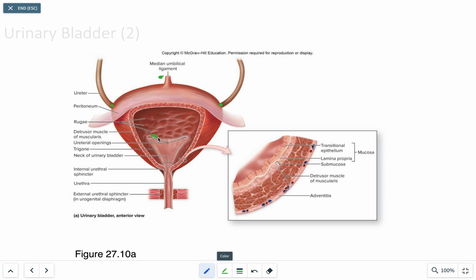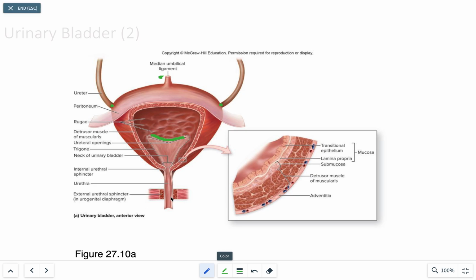This structure right here, called a trigone, is on the posterior or inner surface of the urinary bladder. The trigone does not move, so this area does not distend when the urinary bladder is full, but it serves as a funnel, so to speak, to funnel urine into the urethra for excretion.